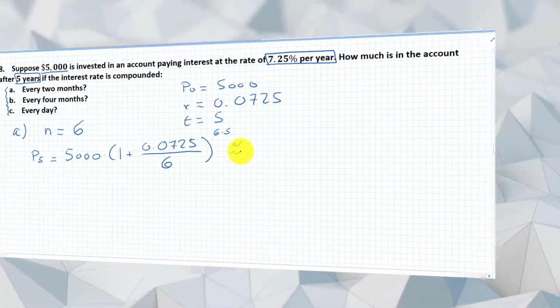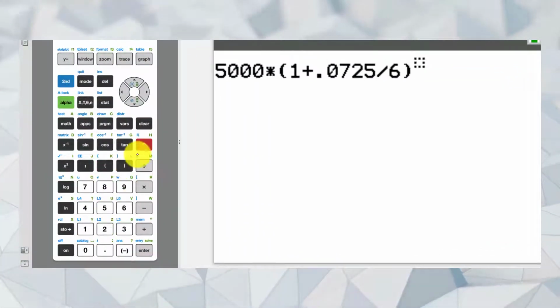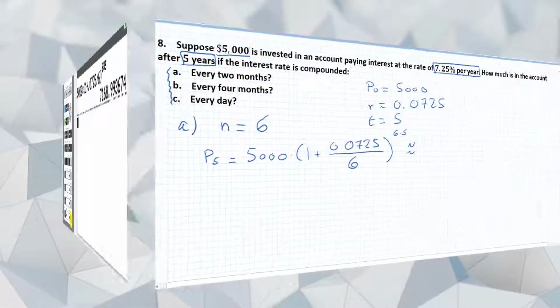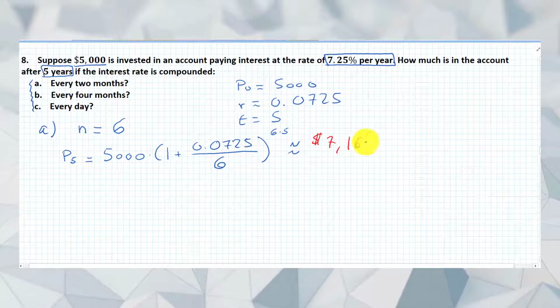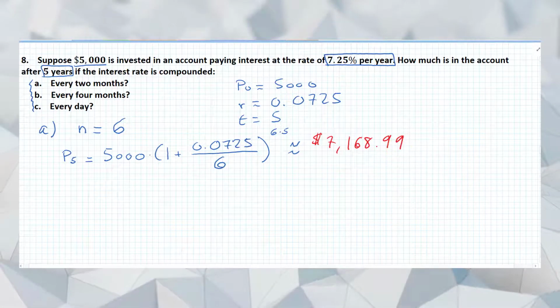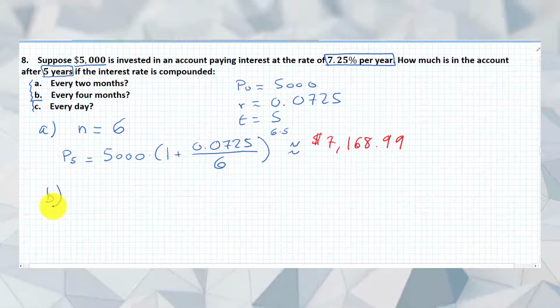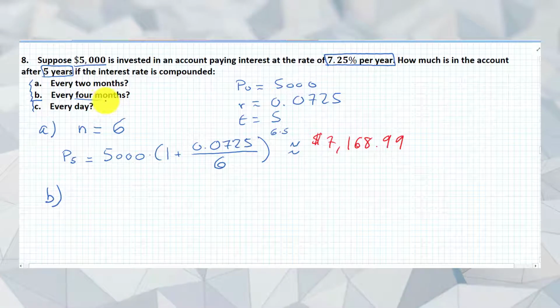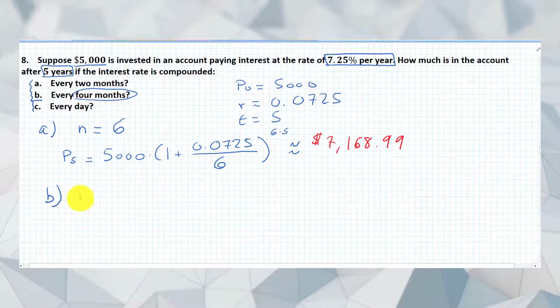Let's take the calculator. So you will have in your account $7,168.99. In the second compounding scheme, you are compounding every 4 months. Now, how many 4 months in a year?